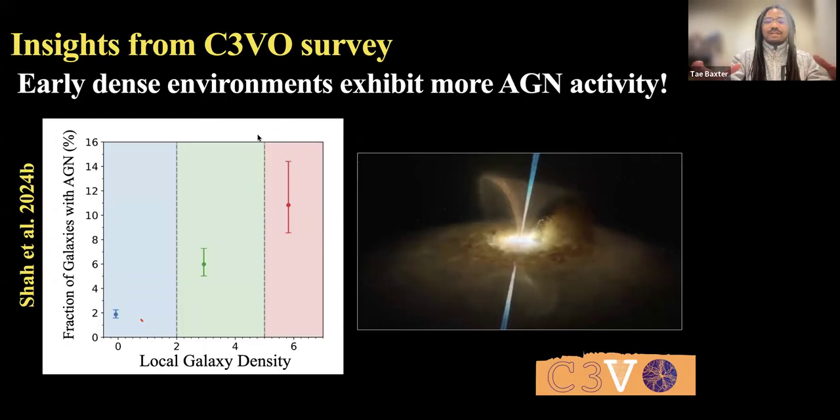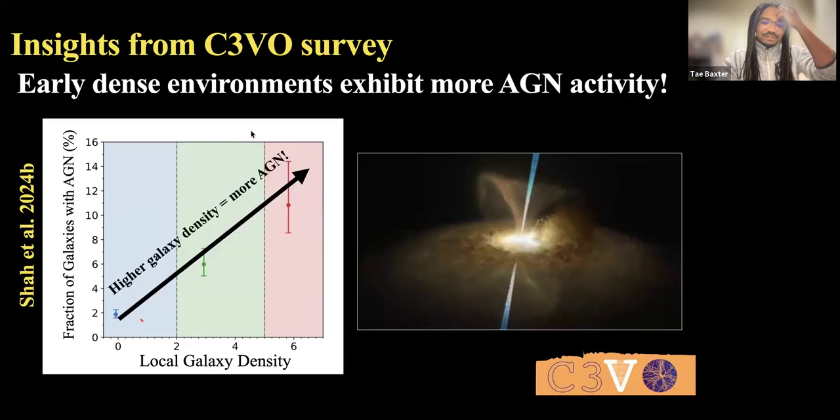These are supermassive black holes that are accreting matter and ejecting it along these jets. So we find that in the densest regions of our protocluster, we're more likely to find these AGN. This is really cool, and the simulations again can help us interpret what is causing this, and it's likely just due to more gas being present in these dense regions.